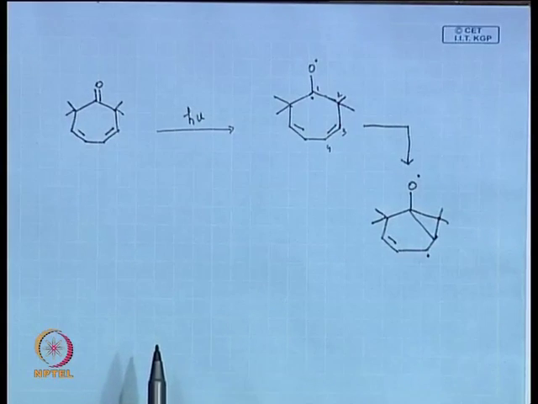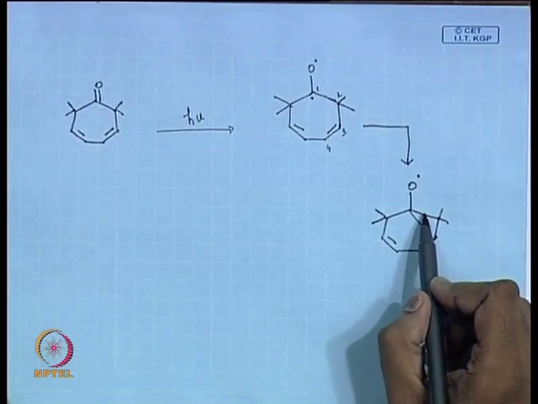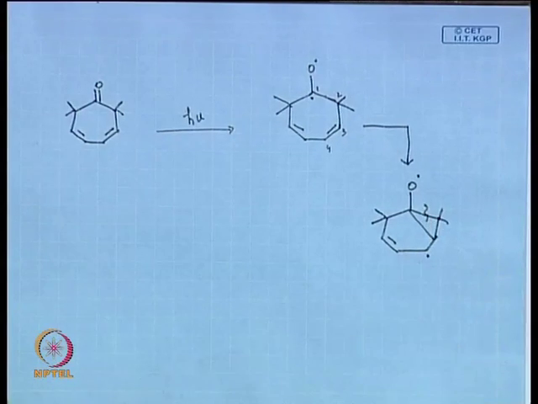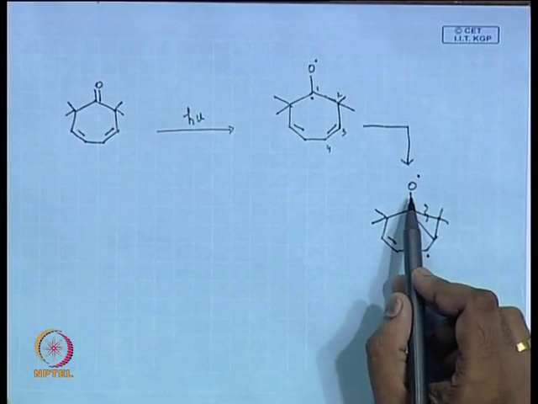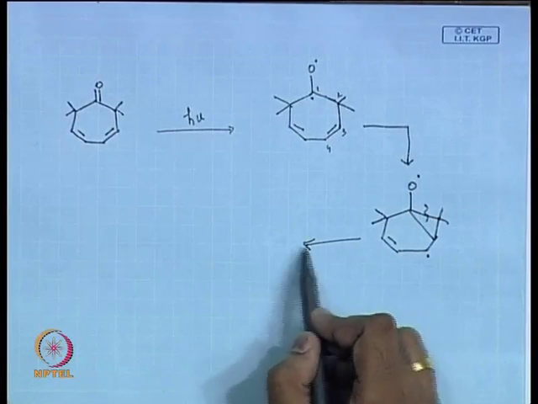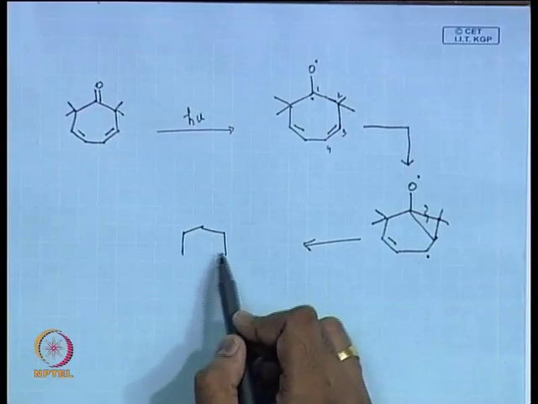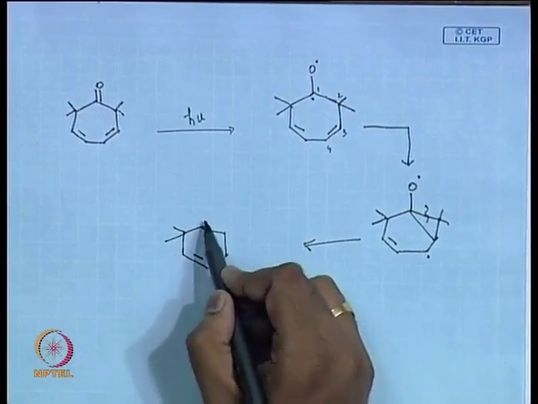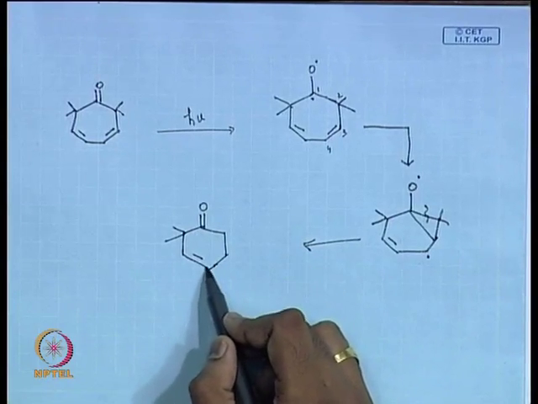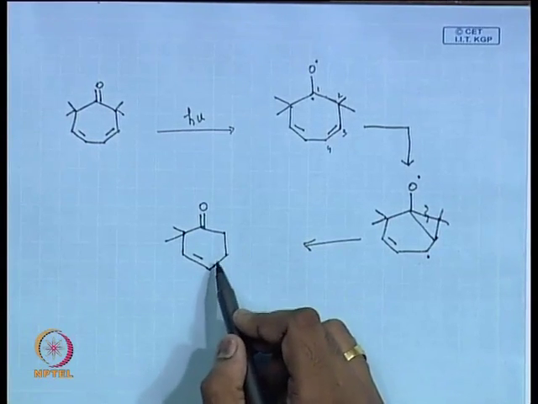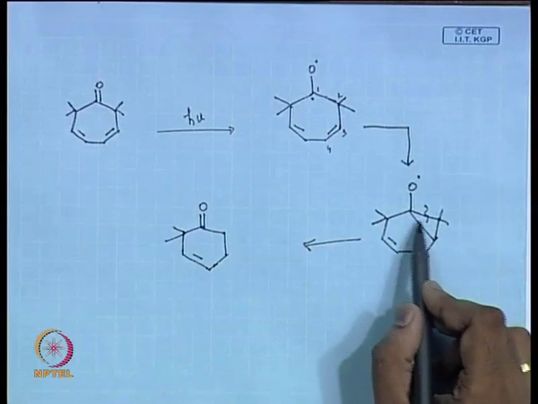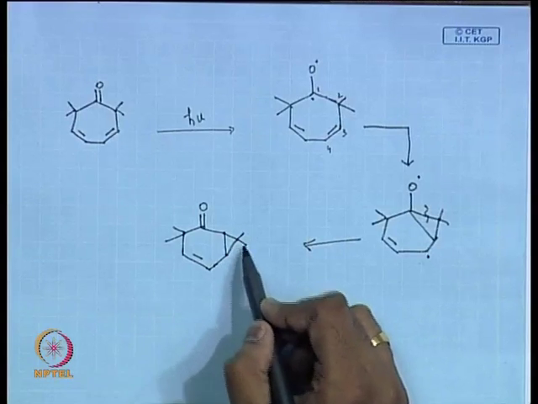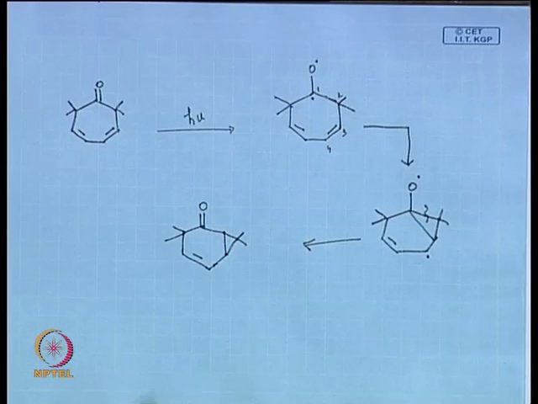Now, I can break this bond, right, because this is newly joined, I do not want to break that. I can break this one to get my ketone back, right. So, how it is done. Right, I can get this.